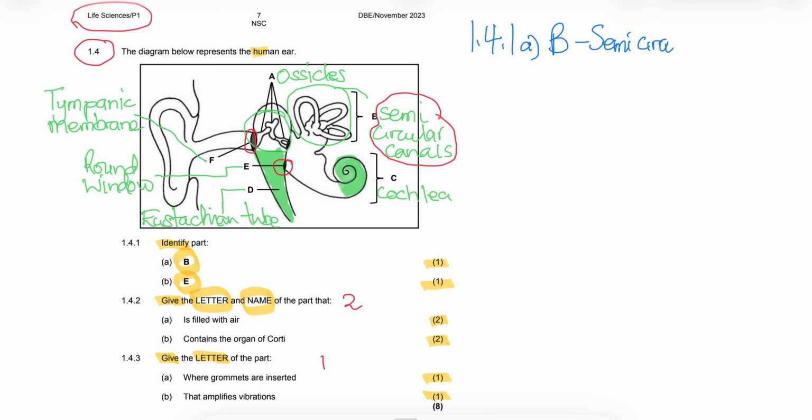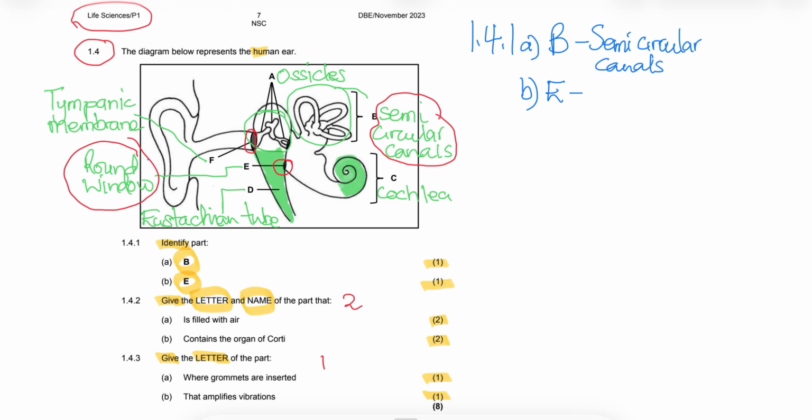Semicircular canals. Then part B of the same question is asking us to identify E. And E, we go back to the diagram. E is this part, the round window.